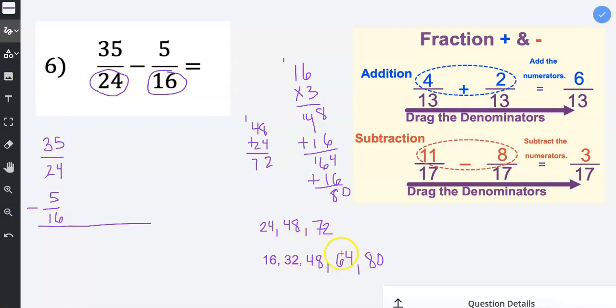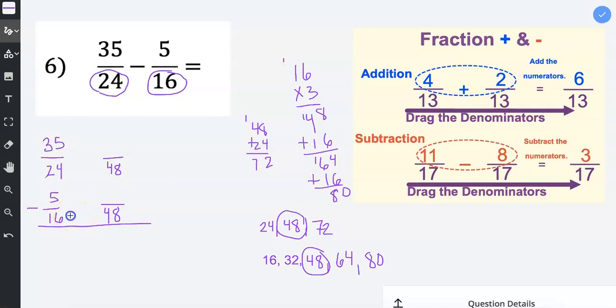If we take a step back, I see that they both have a multiple 48. So 48 is a multiple of 16, and 48 is also a multiple of 24. So we can just stop right there. And our least common denominator, the smallest number they have in common, is 48.